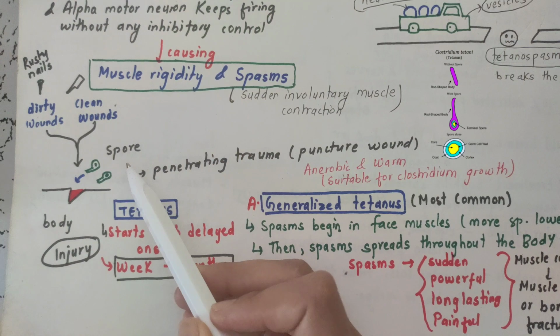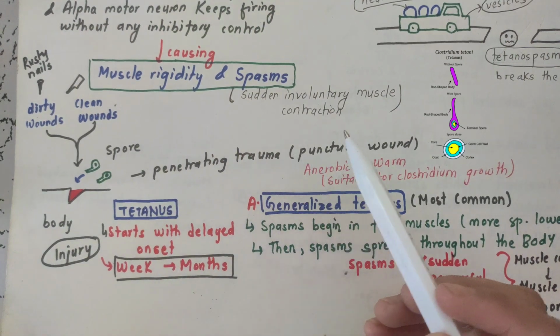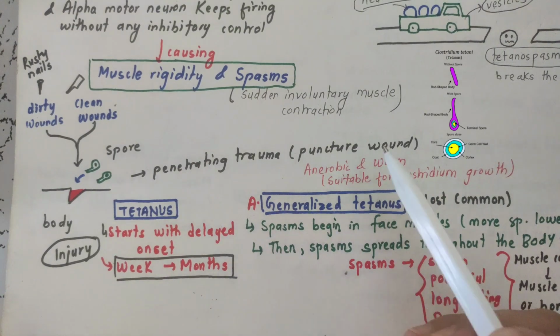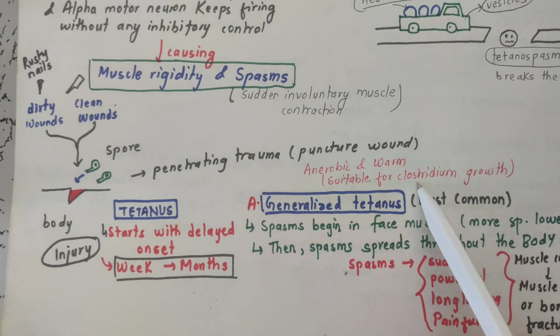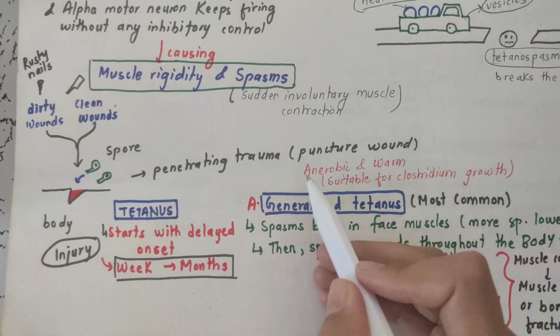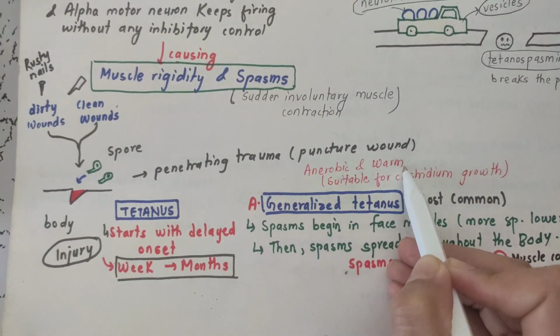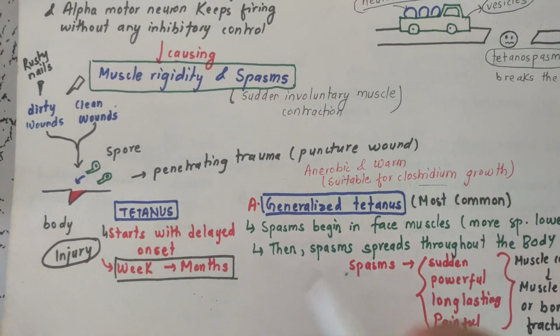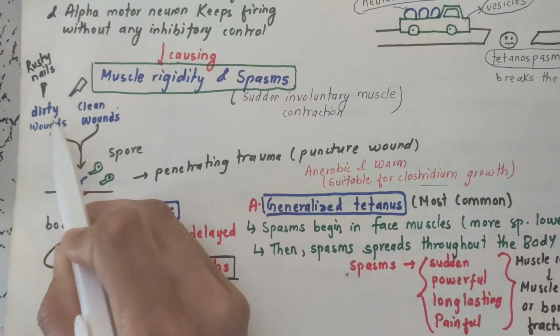The spore of tetanus enters our body through any type of trauma or wound. The trauma and wound are suitable for the growth of Clostridium because the environment is anaerobic and warm, which helps in the growth of Clostridium. The wounds may be dirty or clean.